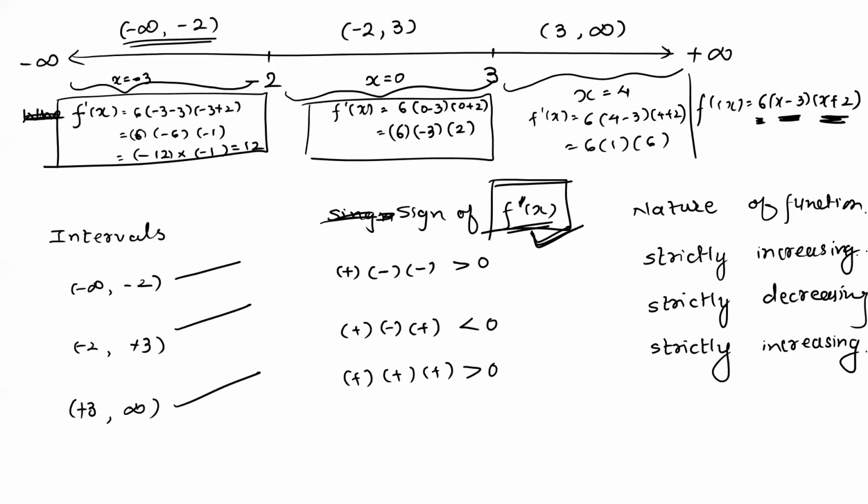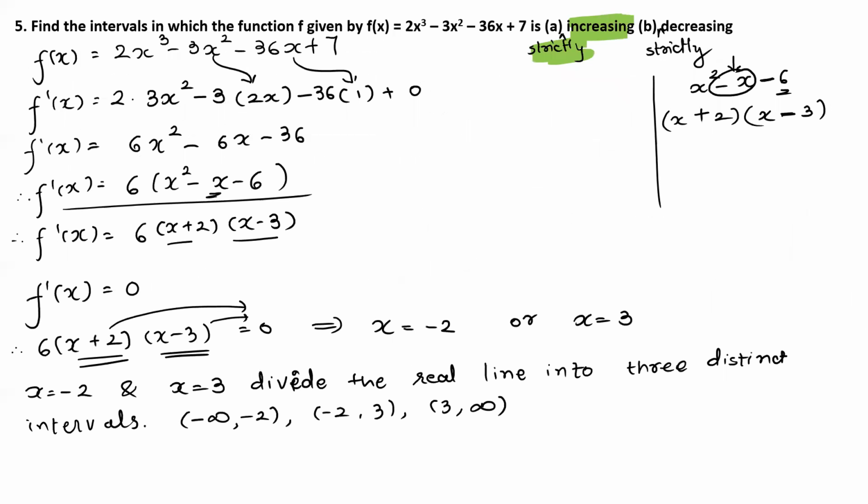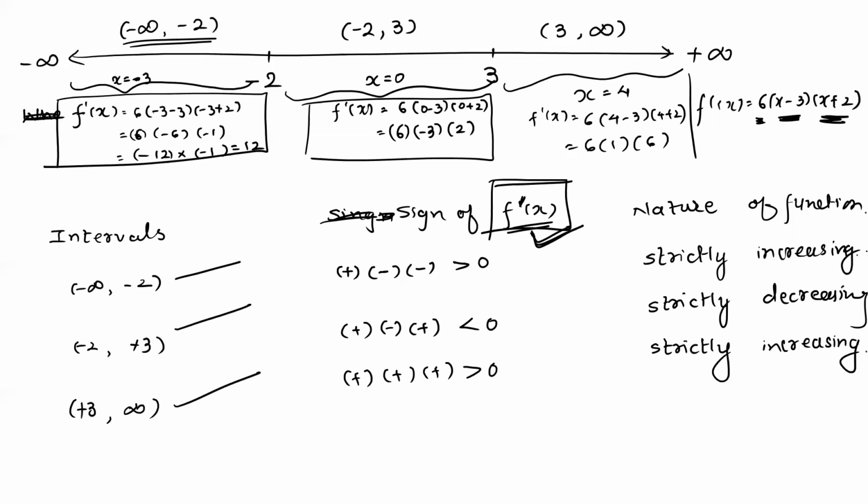That means the question was, in part A, we have to find out the function in which the function is increasing, and the second part, strictly decreasing. So we found it is strictly increasing in this region, strictly increasing in these two parts, and strictly decreasing in the interval minus 2, 3.